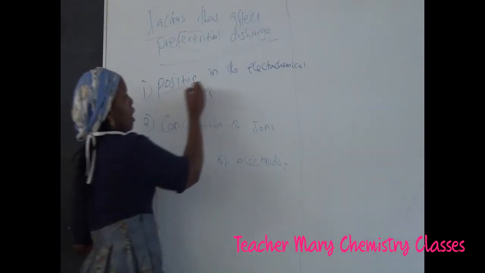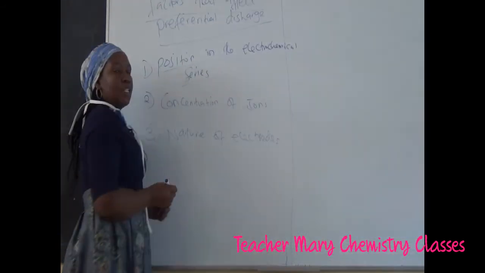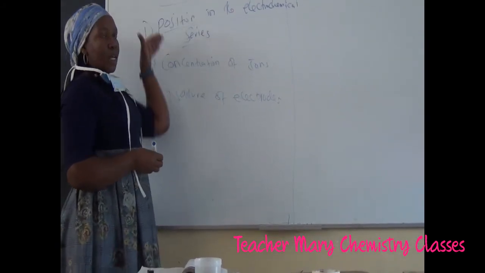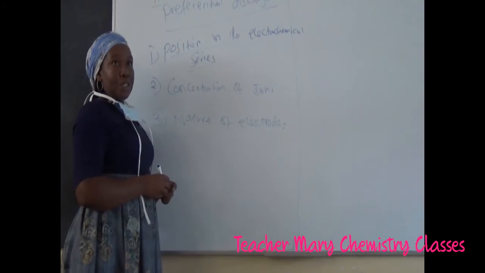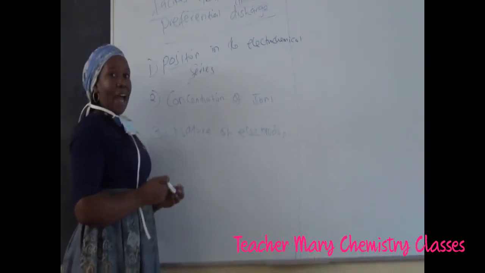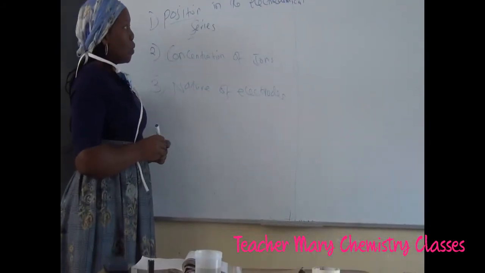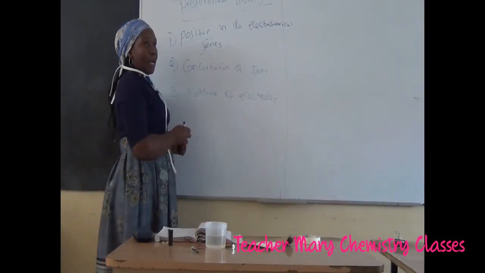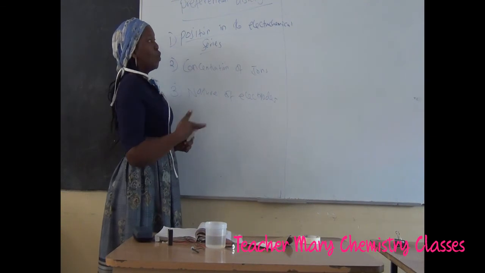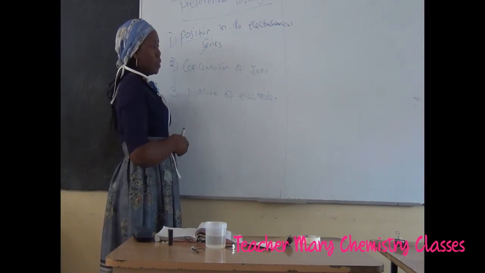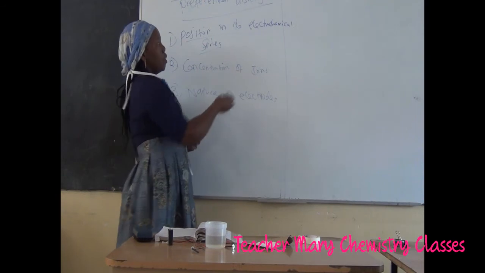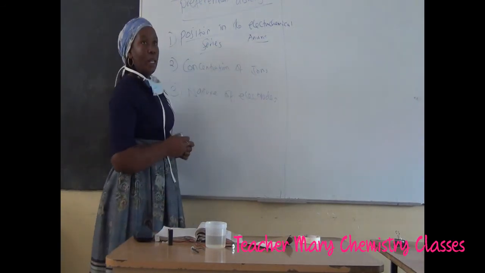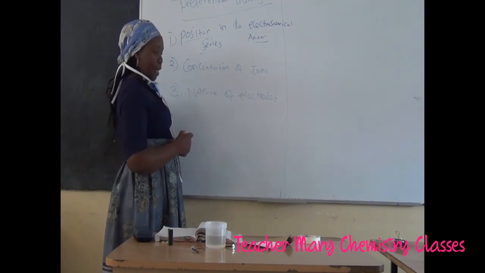So, position in the electrochemical series we have already looked at in our previous lesson, where we wrote the electrochemical series for both cations and anions. We said if it is lower in the series, it will be easy for it to accept electrons, and if it is higher in the anions series, then it will be very easy for it to lose electrons.